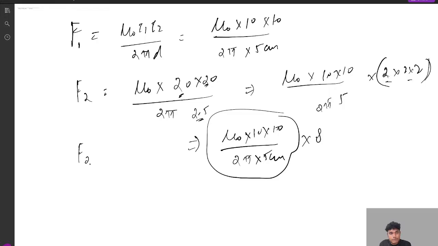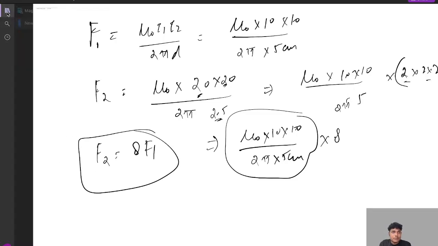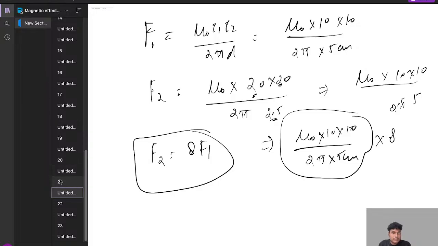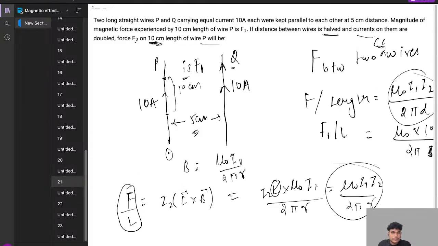From here we get F2 is equal to 8 times of F1, right? So they ask about the F2 on 10 centimeter length, so it will be 10 times 8 times of F1, right? From here we get the value 10 times 8 times of F1. Understand? Do you understand this?